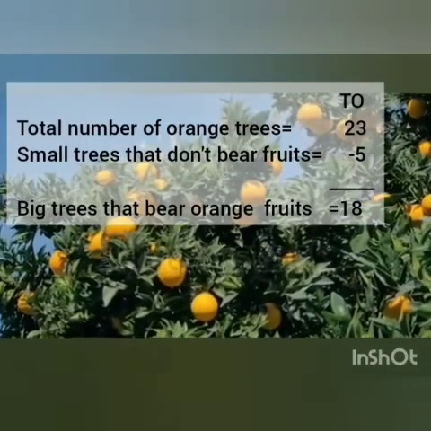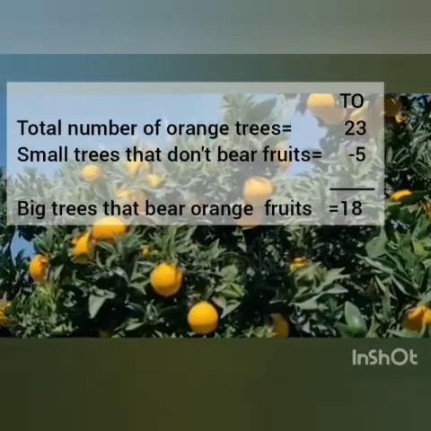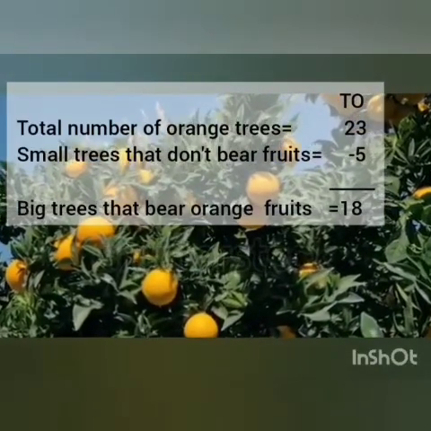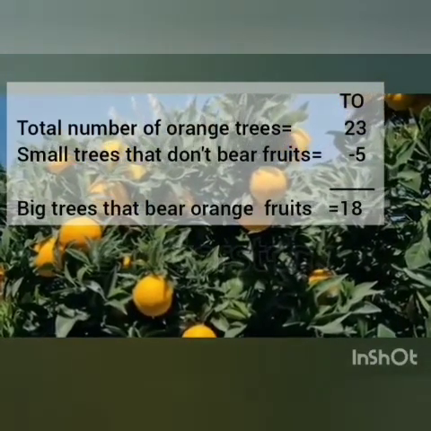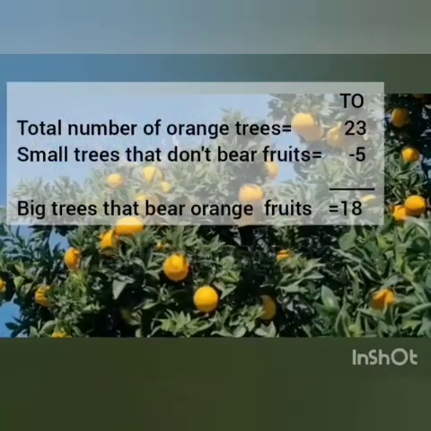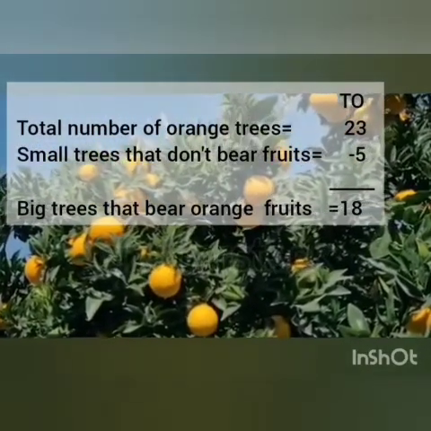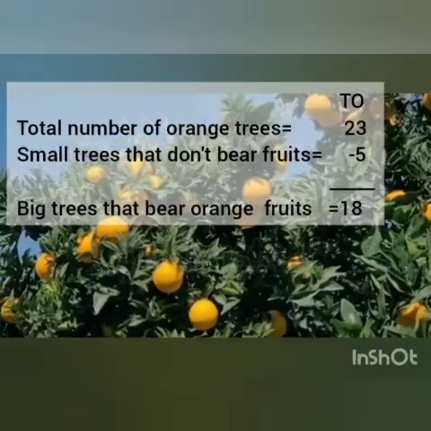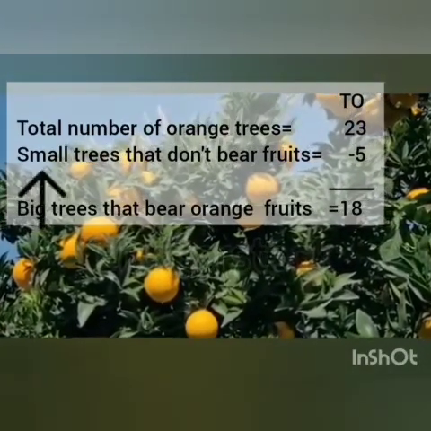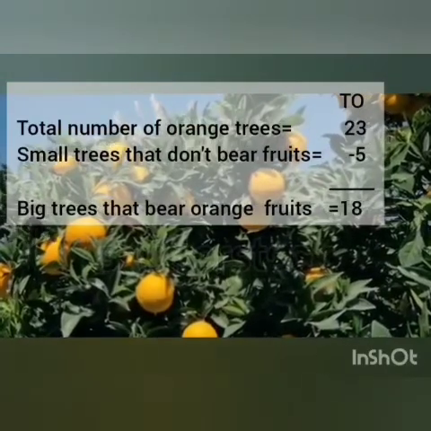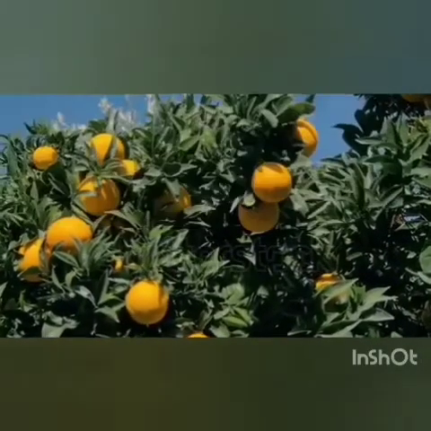So kids, total number of big trees that bear orange fruits will be equal to 18. So now let's find out the describing words used here. Small and big. Very good.